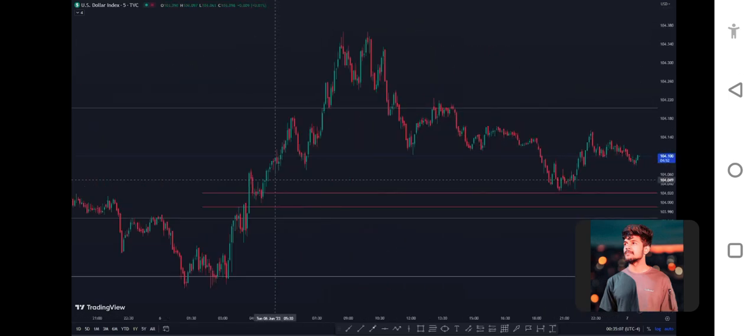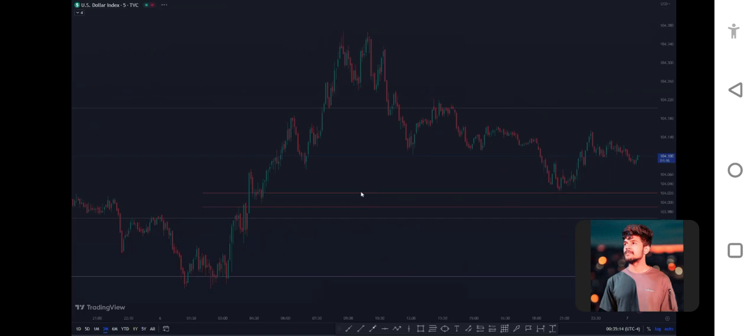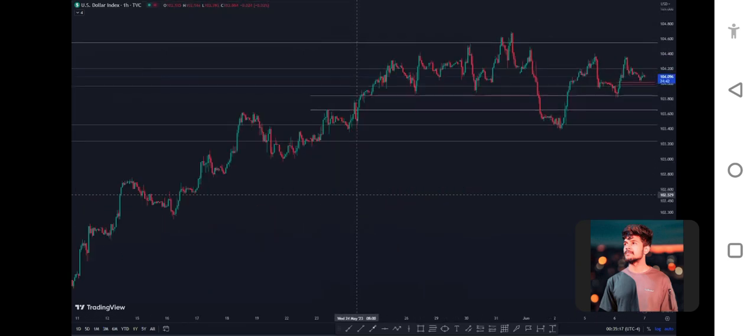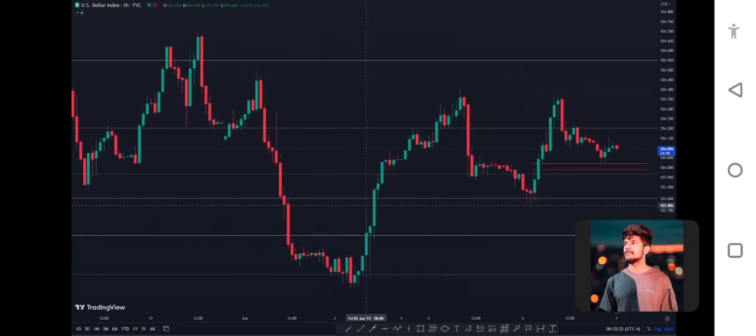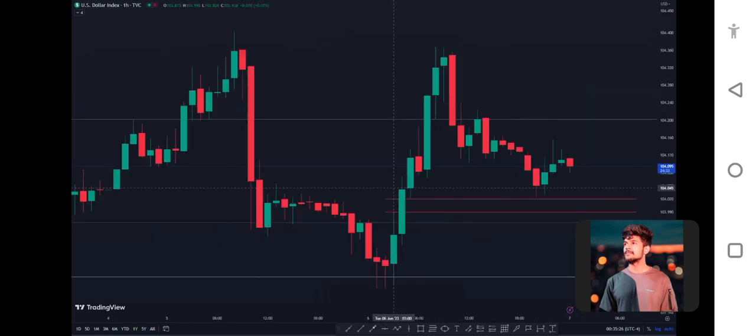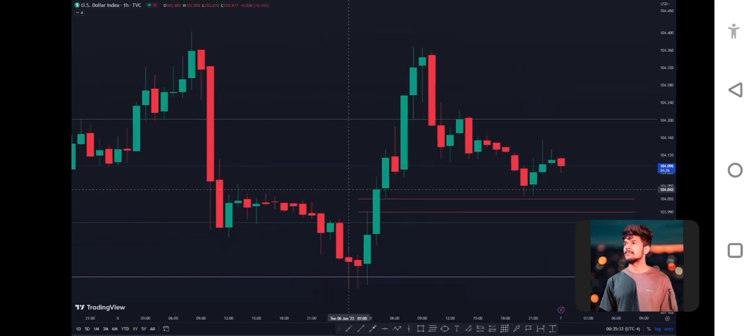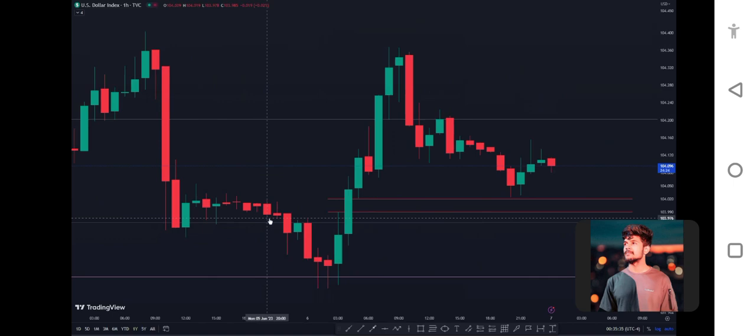Can this fair value gap on the lower time frame be filled? Yes, it can be, but on the high time frame it's not needed to. Try to understand what I'm telling you. We can reach here and fill this fair value gap, but this candle has also broken a swing high. Yes, it has, but has it traded outside of the range?